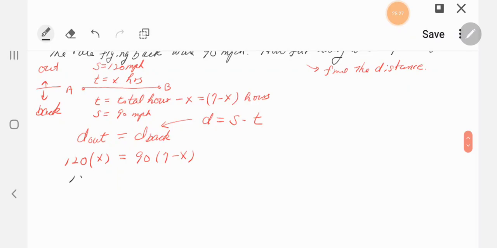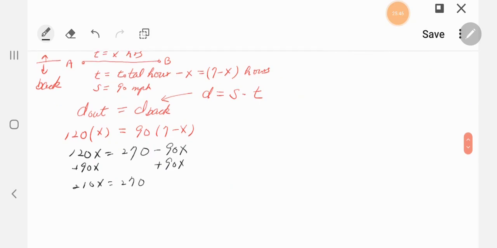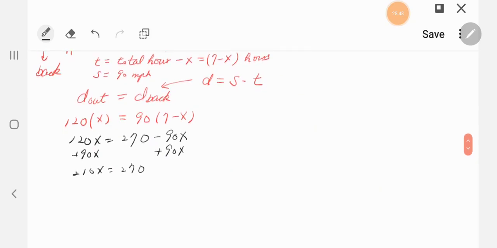So 120x is equal to 270 minus 90x. Then move the x terms to the left, so 210x is equal to 270.